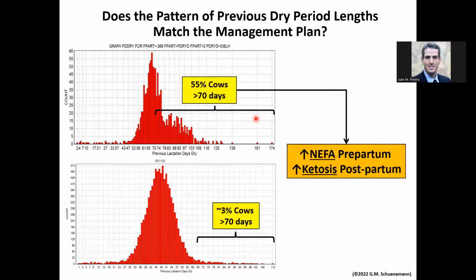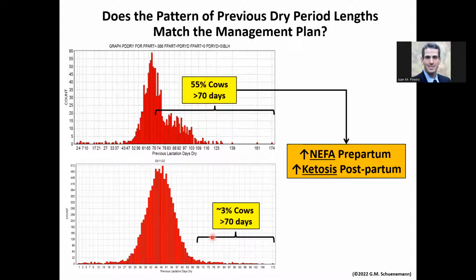Some of these cows get a little bit overweight, because remember, we are feeding groups of animals, not individual animals. So cows might put on a little more weight, and some of the cows might be losing weight right before calving, as well as heifers, and they have more ketosis postpartum. The issue here has nothing to do with the bull. This is just to see how much variation we have according to dry period length.